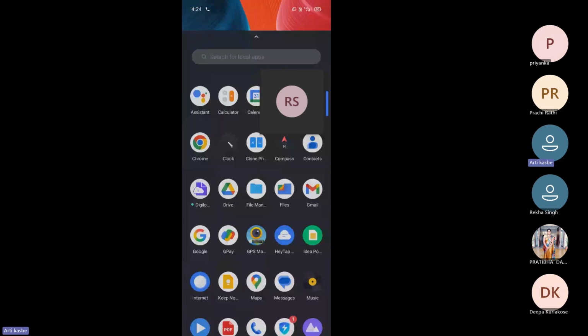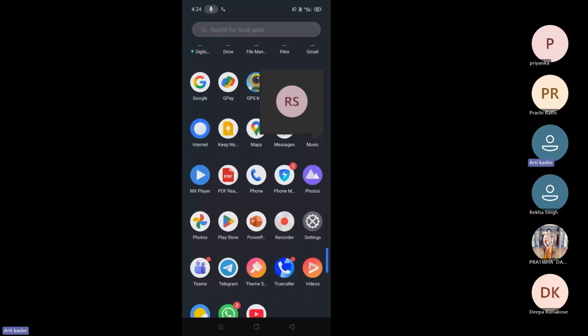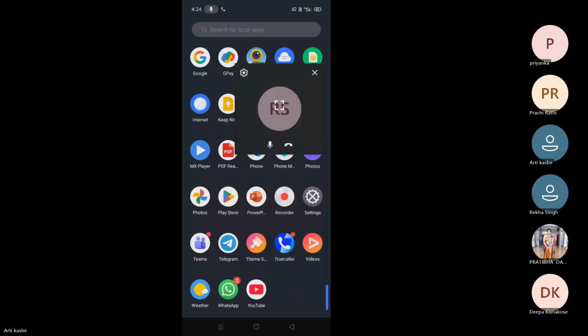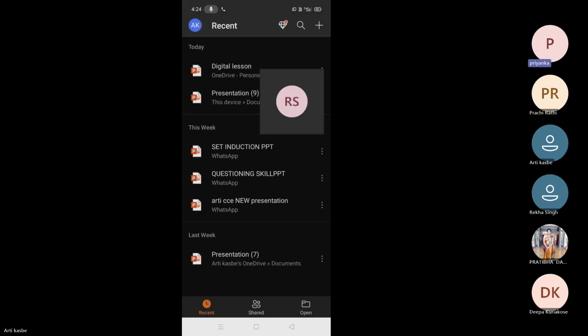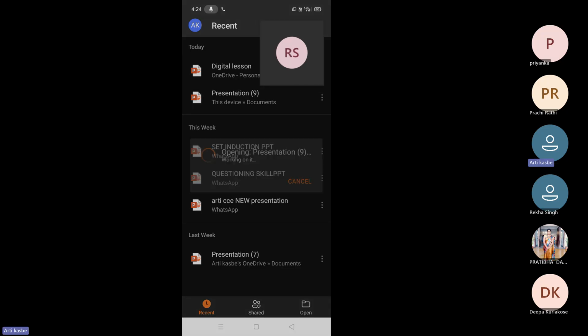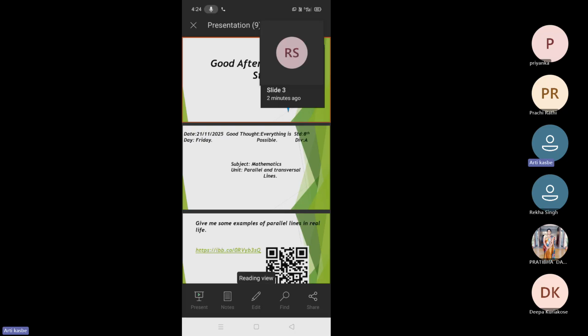Now we have to move towards our transversal line. All of you able to see the next slide? In that next slide, one video is there.